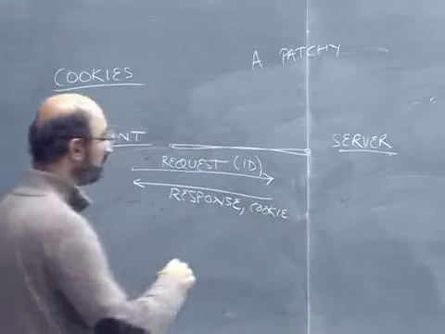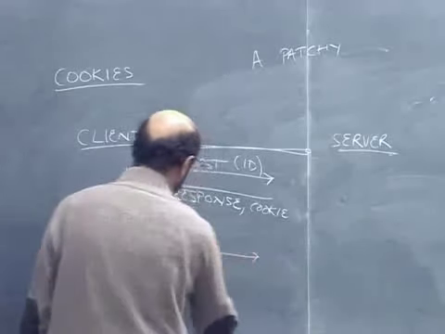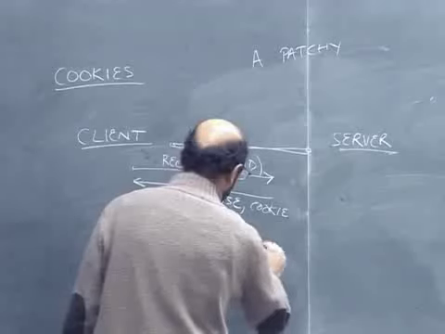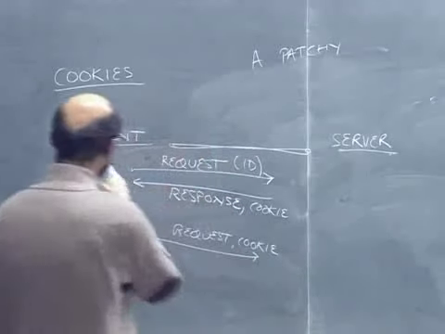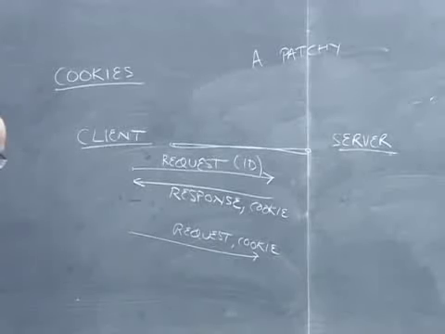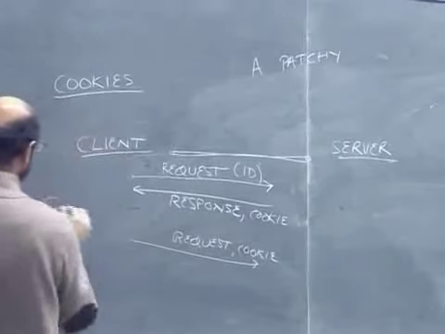And the cookie says, OK, this corresponds to server so-and-so. And then the next request that goes in has the cookie in it. So the browser, the client, makes this effort to first store the cookie in a database.